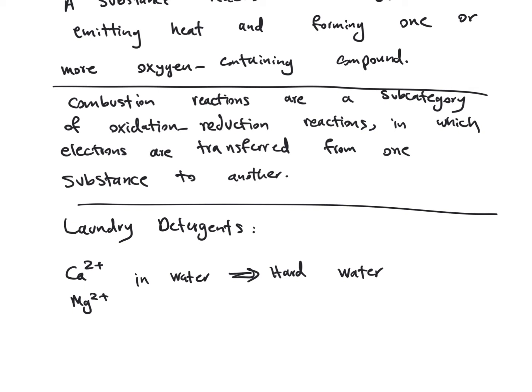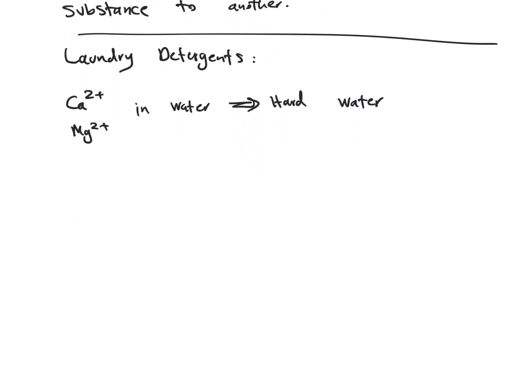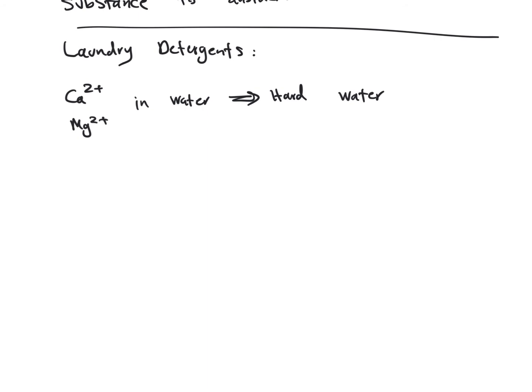And then these ions interfere with the cleaning of your clothes if you use hand soap or ordinary soap. They form, as I mentioned, a gray slimy substance that we call curd or soap scum.